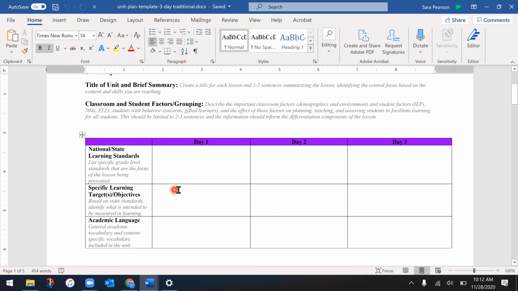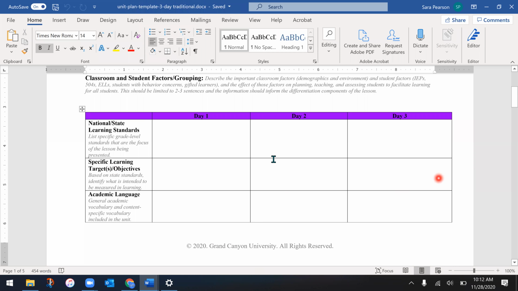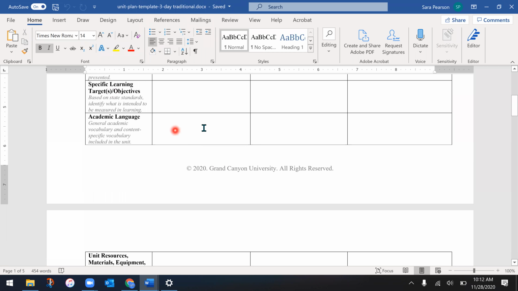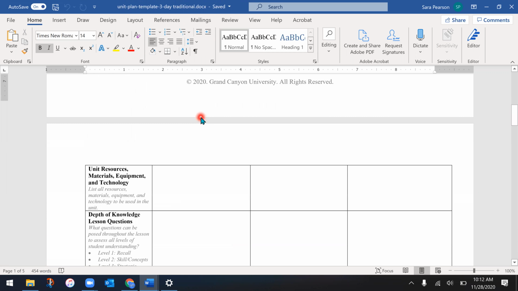So it might be I'm learning multiplication through making equal groups with manipulatives, and then I'm going to learn multiplication through using a strategy of repeated addition, and then I'm learning multiplication through skip counting or something along those lines. Your academic language, you might see some crossover between those 3 days, which is okay.